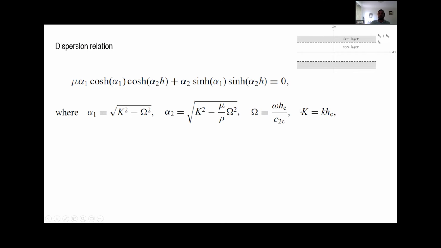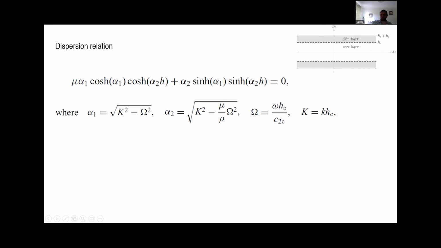Small k and small omega are conventionally denoting the wave number and frequency in dimensional form, but we certainly want the dimensionless quantities. So kh, well, this is capital K, the dimensionless wave number, and capital Omega, the dimensionless frequency.